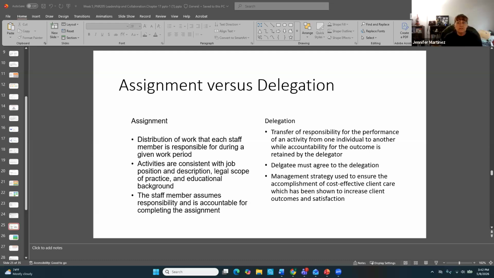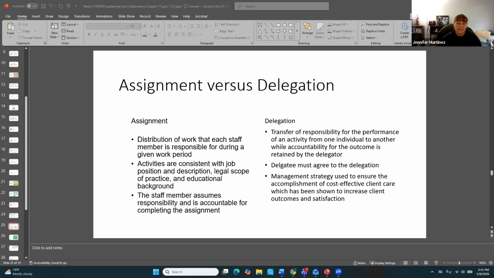Delegation, on the other hand, is a little bit different. This is the transfer of responsibility for the performance of an activity from one individual to another, while accountability for the outcome is retained by the delegator.